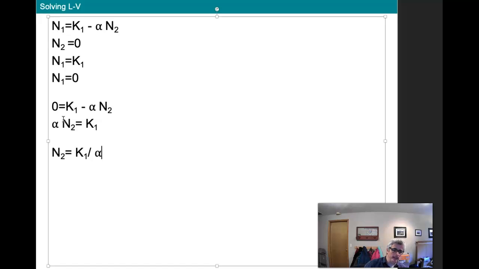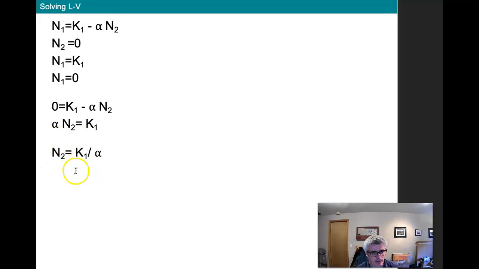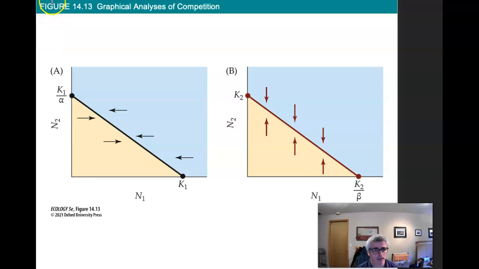And this makes sense with the example given of a K of 200 for coyotes and a K of 100 for wolves, particularly if wolves are twice the competitor that coyotes are. It kind of helped me to think about it this way. So this makes sense that for population 1, they're at carrying capacity if population 2 is at 0.